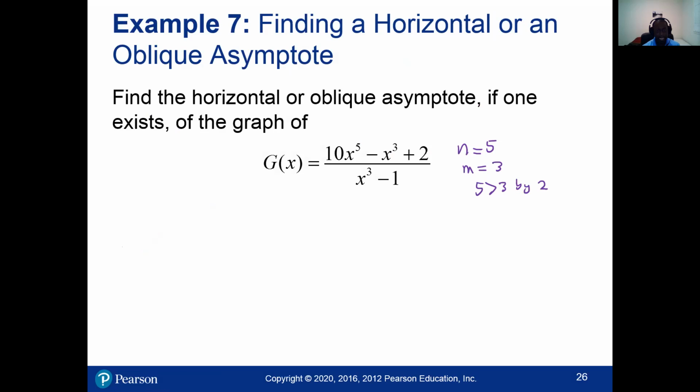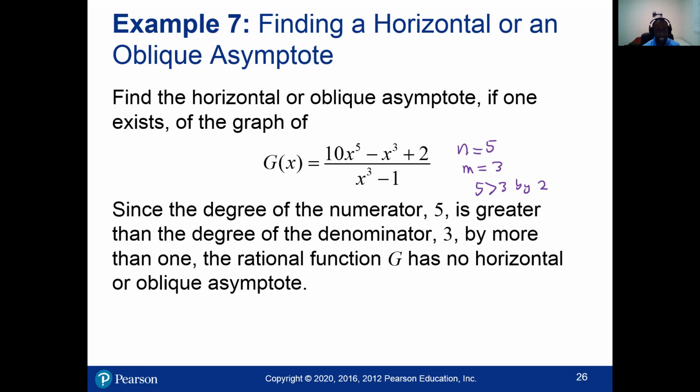So we have 2 or more, which means it has no horizontal or oblique asymptotes, but the end behavior is like that. Since the degree of the numerator, 5, is greater than the degree of the denominator, 3, by more than 1, the rational function g has no horizontal asymptote or oblique asymptote.